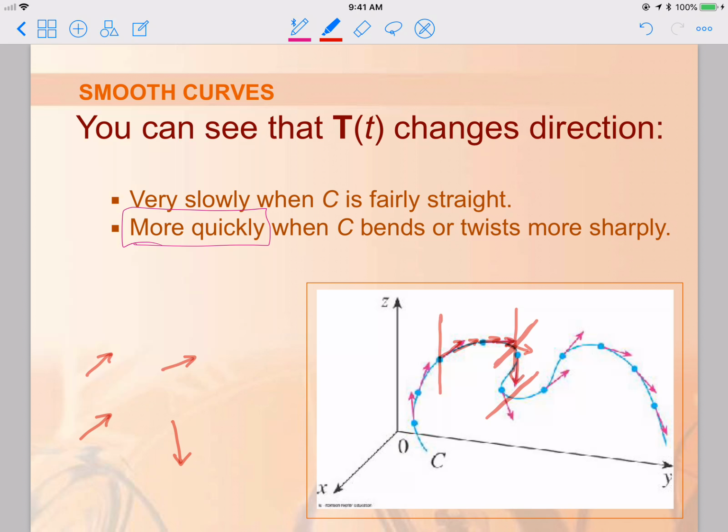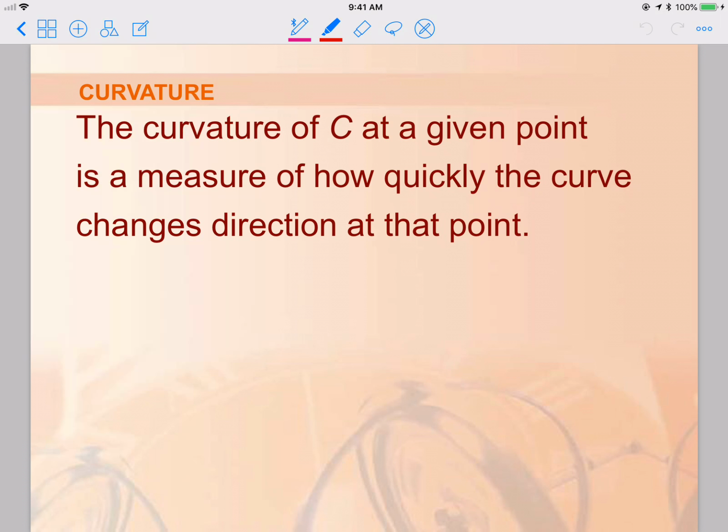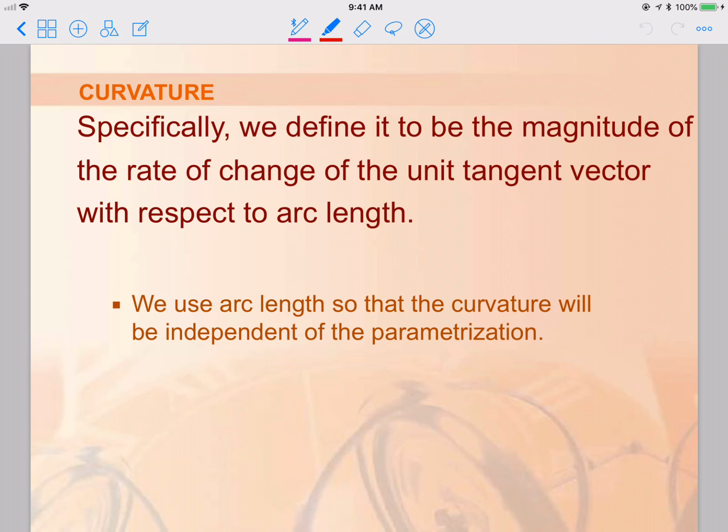Okay. So the curvature of C at a given point is a measure of how quickly the curve changes direction at that point. Because that's how you get curve: that tangent line is changing quickly. Okay?